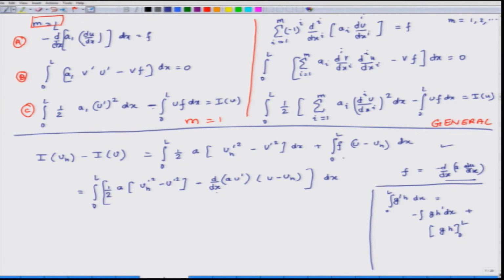So, this is like g prime and this is like h.